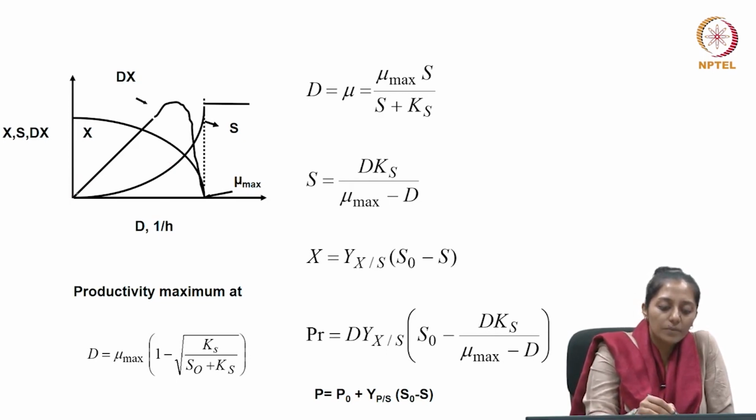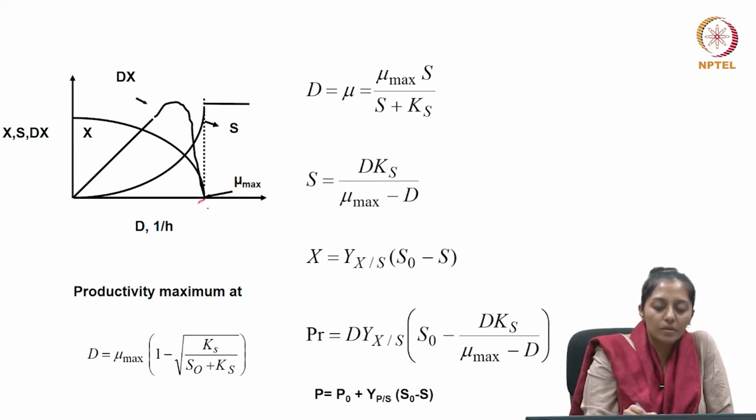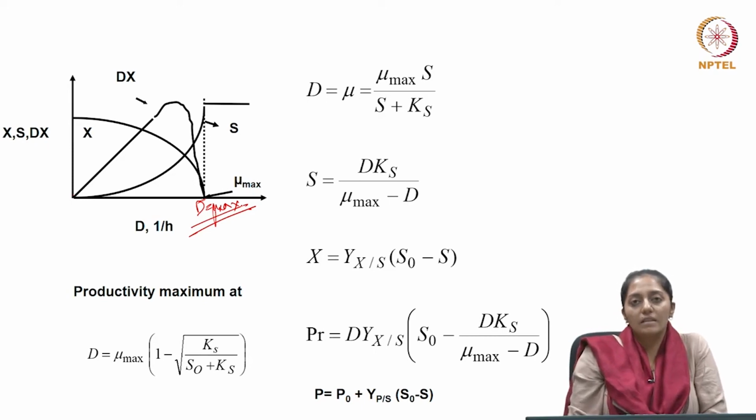Your Dx will keep on increasing linearly as D increases, but beyond a point it will sharply decrease and your productivity will become nearly 0 at a D value which is equal to mu max. This is the point which we discussed in the last class as the washout point.